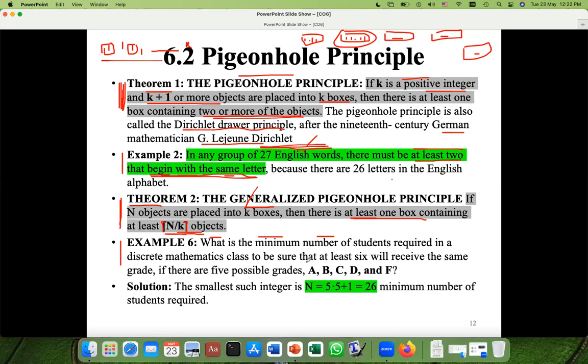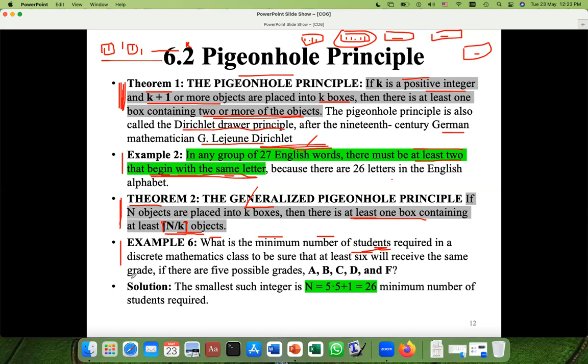The possible grades are A, B, C, D, and F. This is the condition: at least six students will get the same grade.